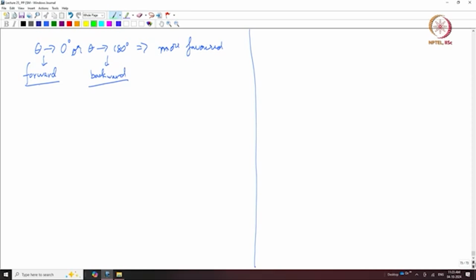Another thing that you can infer is, notice that this is an even function of cos theta. Right? Or said differently, if I take theta to 180 degrees minus theta, that will leave d sigma over d omega unchanged, right?